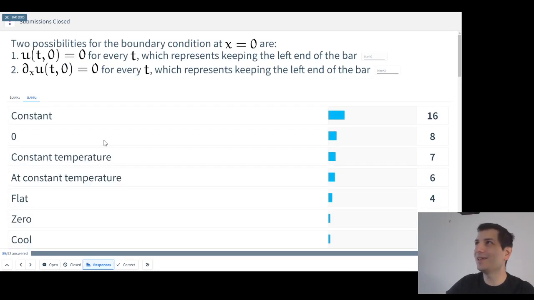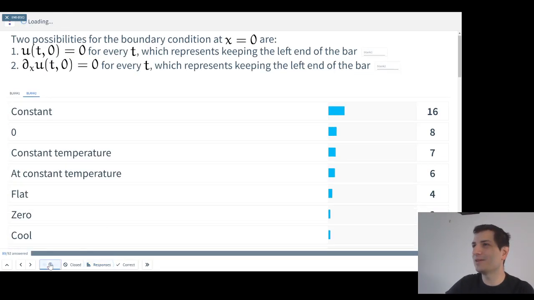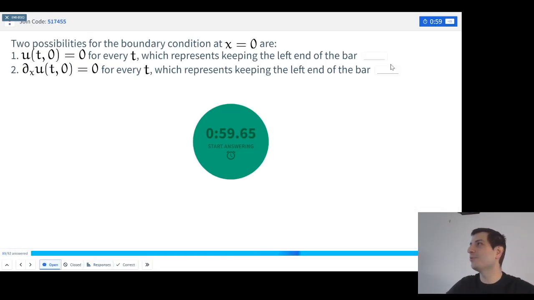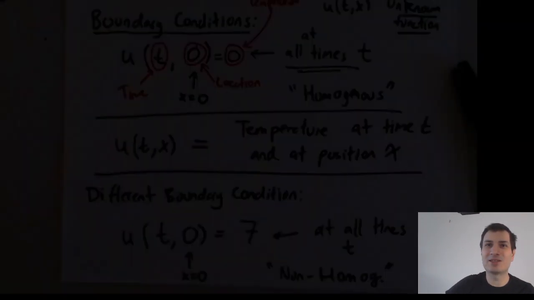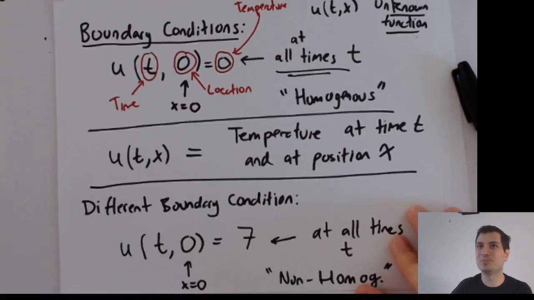I'm going to reopen the responses on Top Hat one more time. See if you can come up with what blank 2 represents. If you haven't seen the video or don't remember from the video, this will be a tough one. But try to think what it means or what it could mean in terms of the interpretations we have on this page. Let's try to get on blank 2.